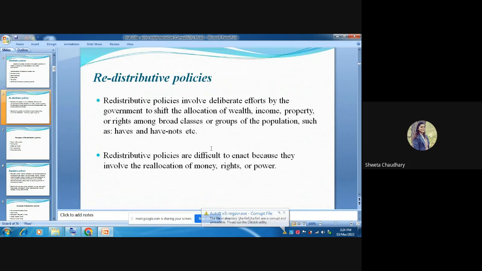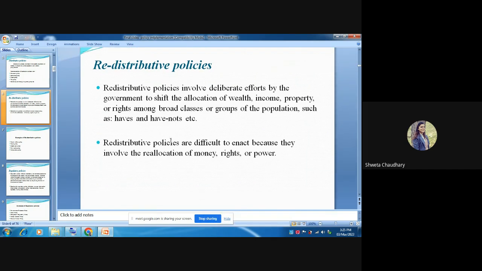Then redistributive policy means if the income of the government has increased, then how to reallocate that income and wealth for the social welfare of the people that are below the poverty line. So redistributive policy is reallocation of money, rights or power. Whatever income has been generated, how this income is redistributed for further upgradation of other sectors of the economy.